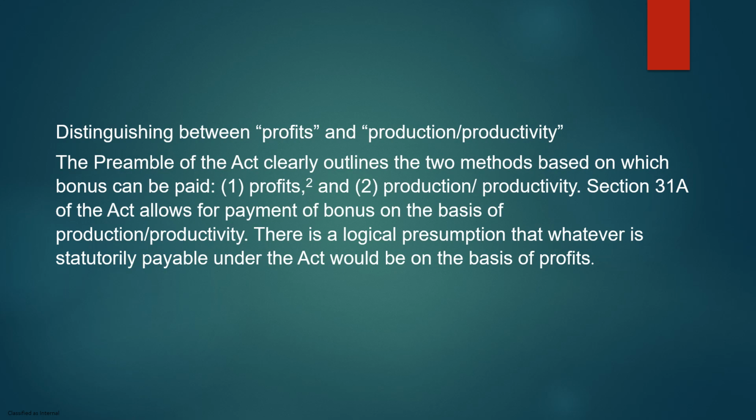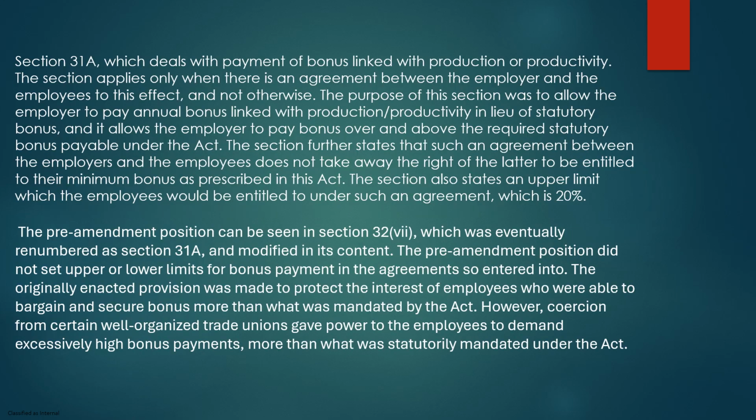There is a logical presumption that whatever is statutorily payable under the Act would be on the basis of profit. Here, 31A specifically deals with production or productivity. The section applies only if there is an agreement between the employer and the employee to this effect, and not otherwise. The statutory bonus must surely be paid and cannot be neglected, but over and above the minimum bonus, it is calculated based on profit from the books of accounts, to the extent of 20%.